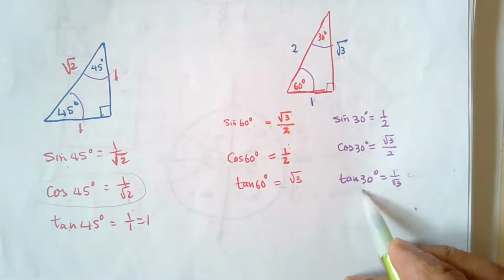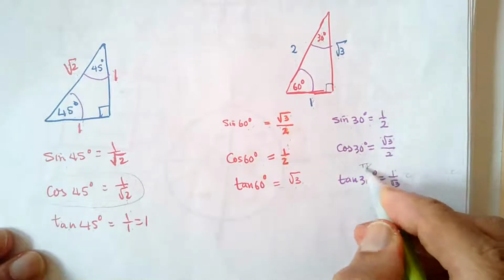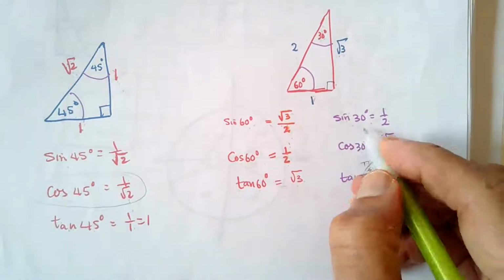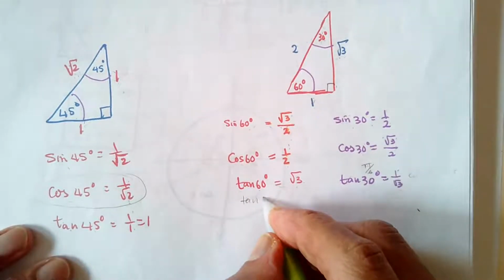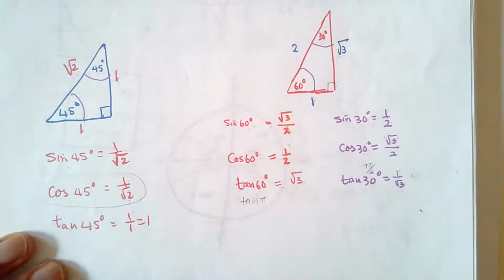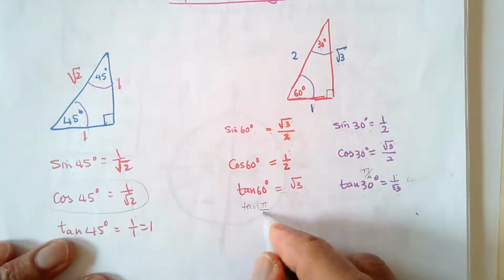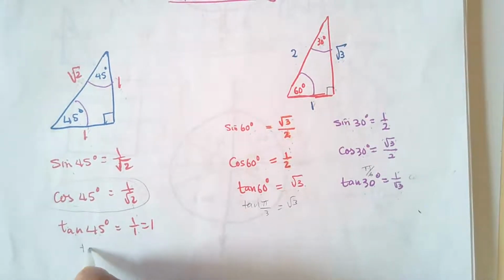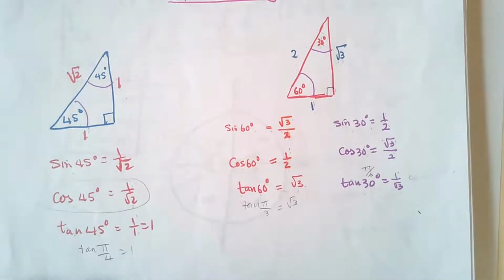So tan 30 degrees, or pi over 6, is 1 over root 3. Right. So we have 60 degrees, or tan pi over 3, is equal to root 3, and tan pi over 4 is equal to 1.